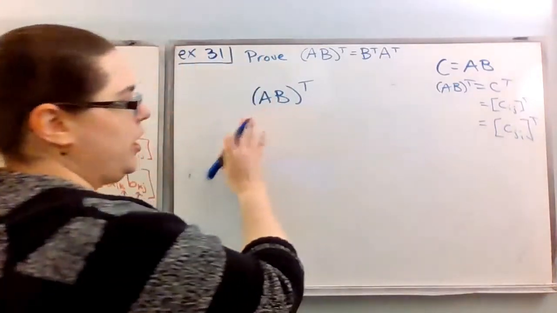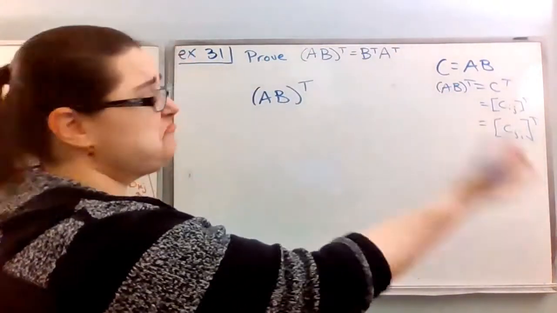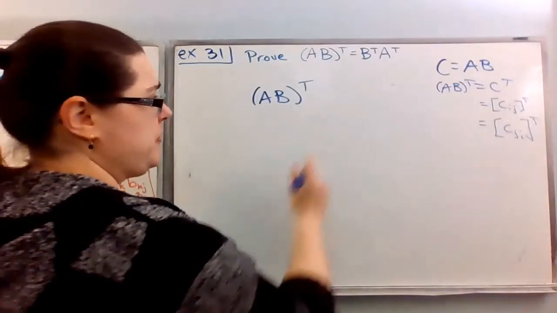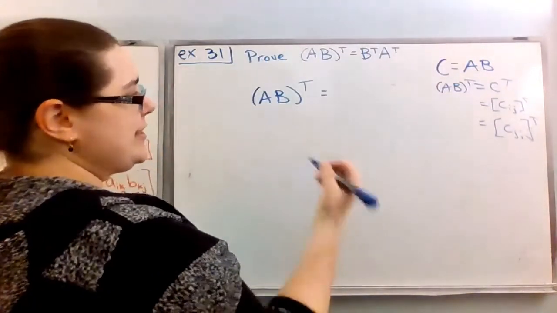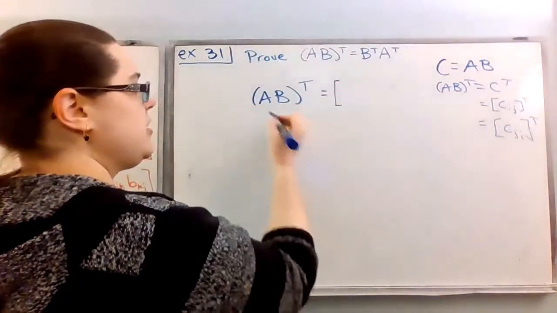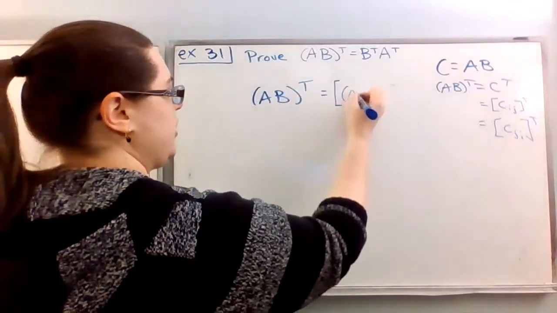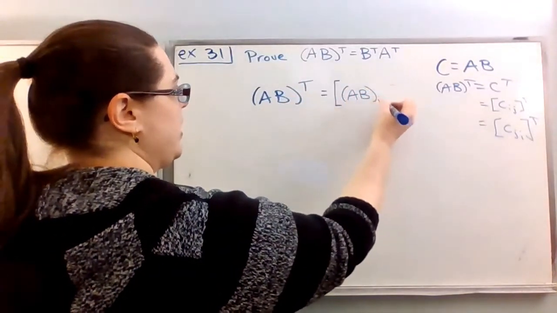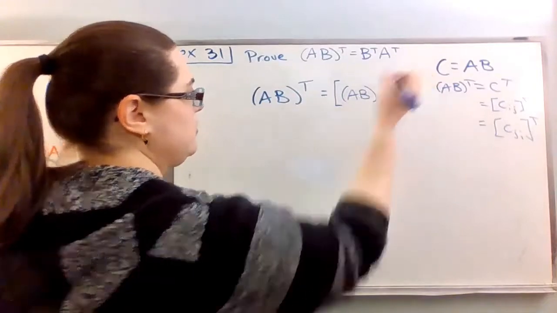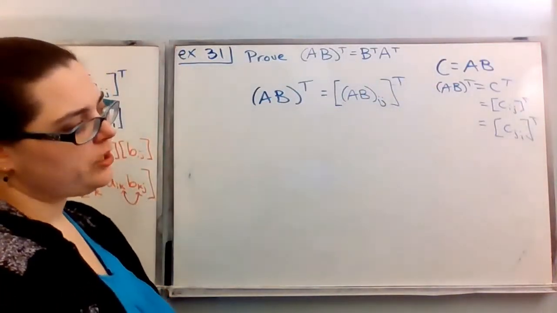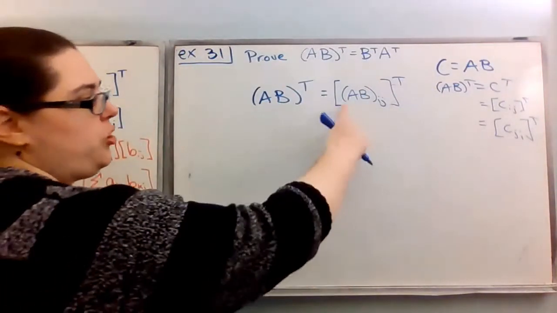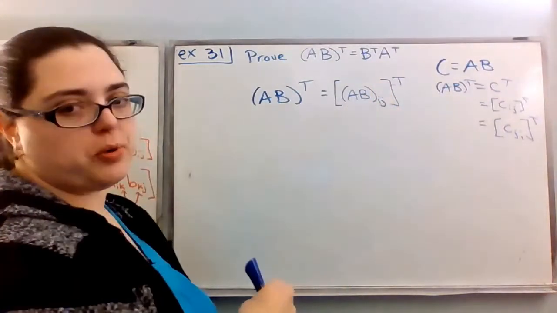So instead of writing it in terms of C, I just kept the A and the B there. So I said, okay, this is the same as if I were to take the product AB and take the ijth entry of that and then transpose it. So I started thinking of this as a whole instead of as separate pieces.